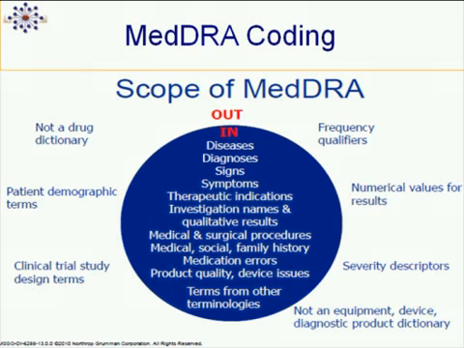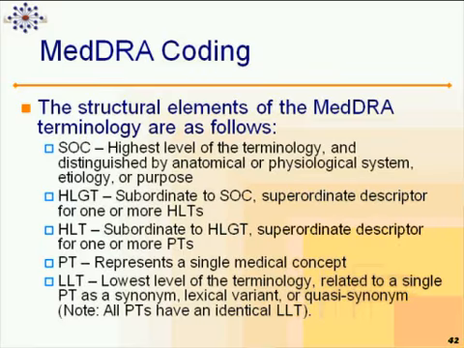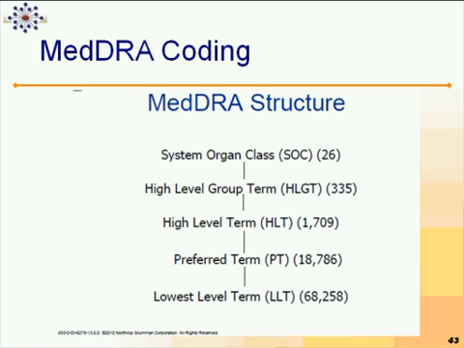There's usually a human, though sometimes it's done automatically, who has to interpret the events that are reported and translate these into dictionary terms. So it really helps us to have good terms that help us very quickly weed out what the event is and assign it a MedDRA code.